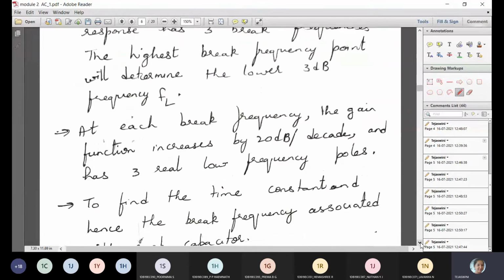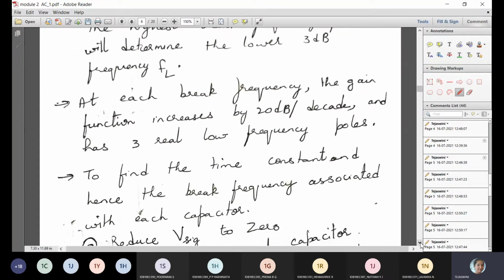Fine. So now you have to keep in mind that at each break frequency, the gain function is going to increase by 20 dB per decade. And here it has 3 real low frequency poles. So far we found 2 poles and 1 is left out due to CC2.